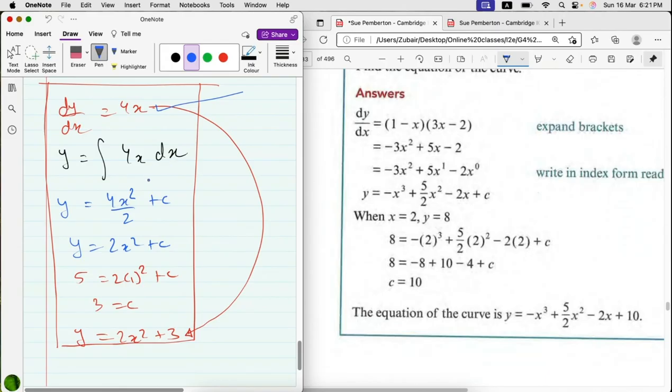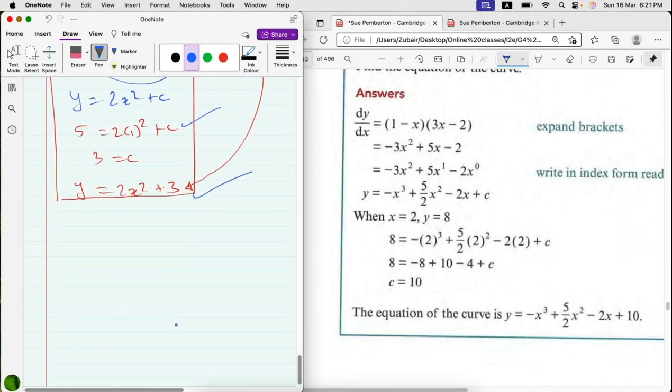We integrate using power plus 1 divided by the new power, plus c. And then we'll have one set of values. We substitute it to find c. And we write the equation. Three steps, question complete. So the power was 1, now it's 2. The 4 remains, and then it's divided by 2, plus c. And then we substitute the values back. Yes. Okay.